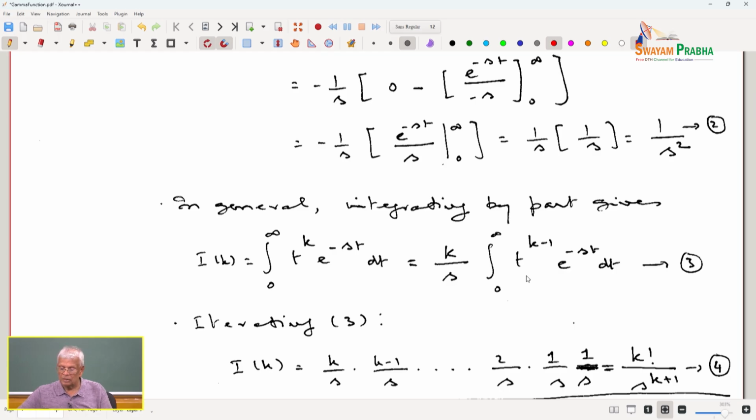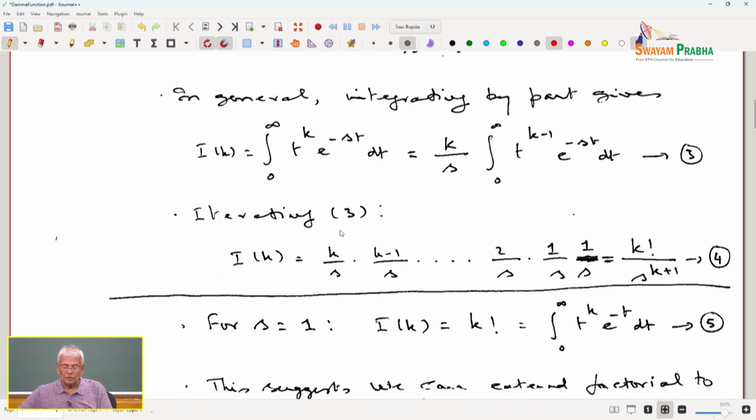If I iterate this, I can say I k is equal to k by s, k minus 1 by s, 2 by s, 1 by s, so factorial k divided by s to the power of k plus 1. So in general, integration by parts gives I k equal to factorial k divided by s to the power k plus 1.